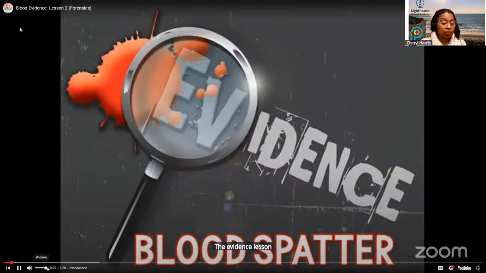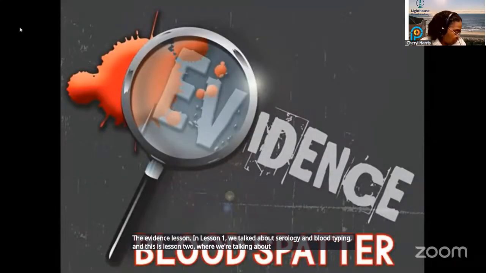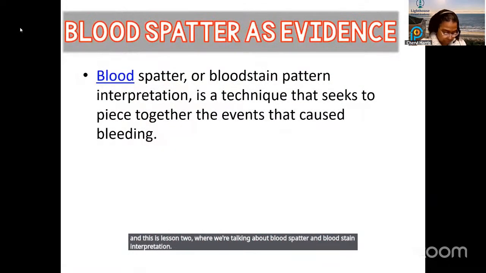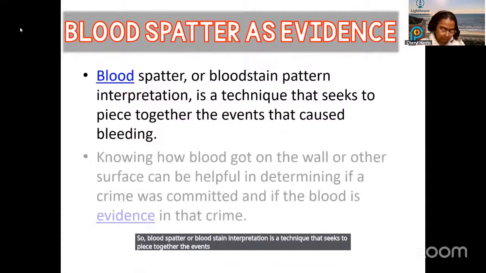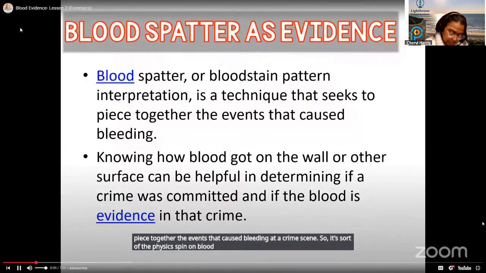Evidence lesson. In lesson 1, we talked about serology and blood typing, and this is lesson 2 where we're talking about blood spatter and blood stain interpretation. Blood spatter or blood stain interpretation is a technique that seeks to piece together the events that caused bleeding at a crime scene. So it's sort of the physics spin on blood evidence.